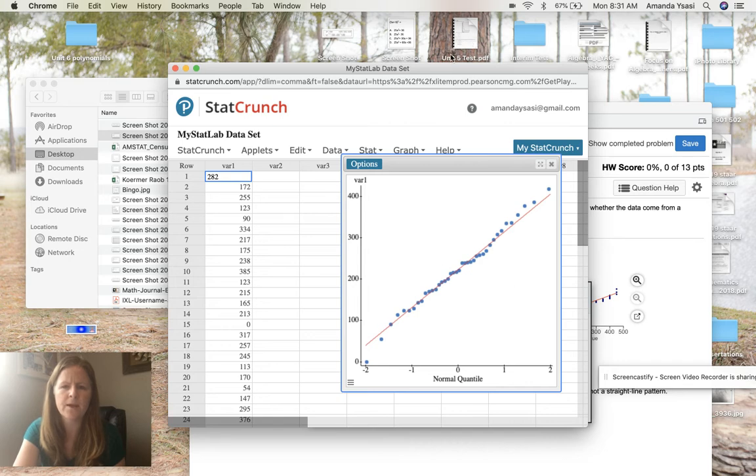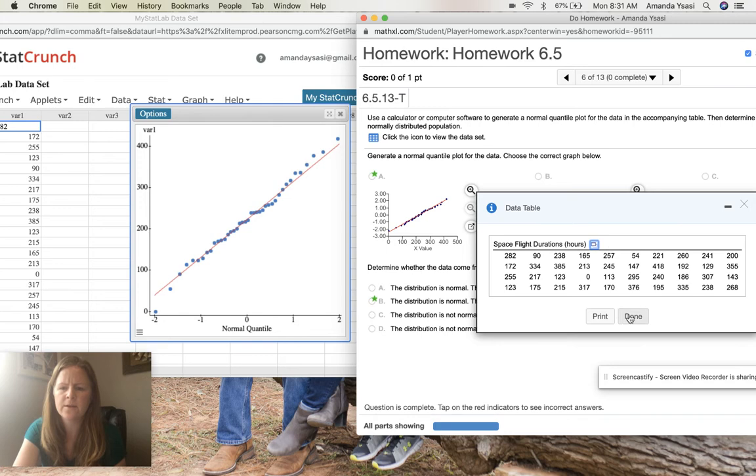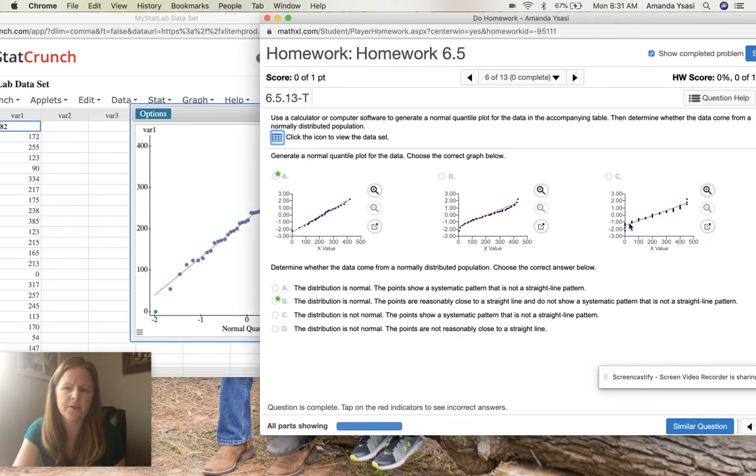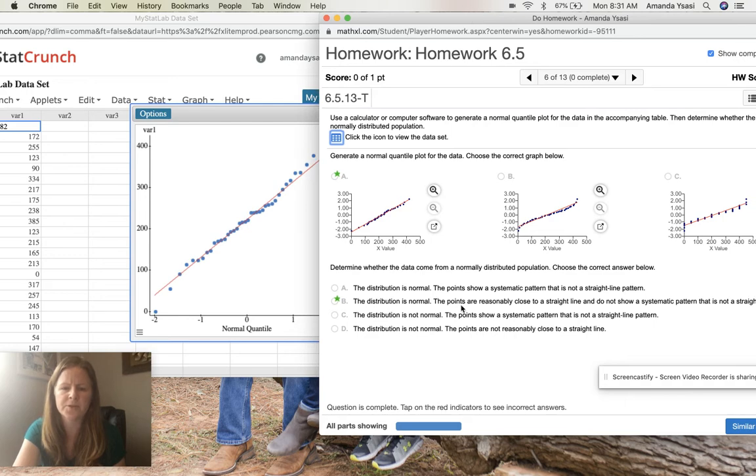Okay. So this looks close because see how this one's like a systematic pattern that kind of waves, and then these are dots on top of dots. So that would be the correct one. And then if we look at this, this is a straight line pattern. So that means it's a normal distribution. So the distribution is normal, points are reasonably close to a straight line.